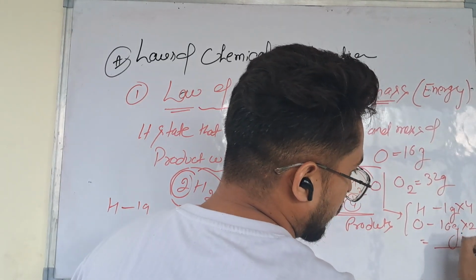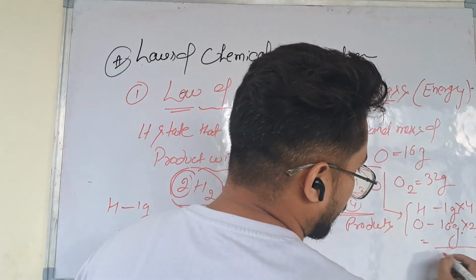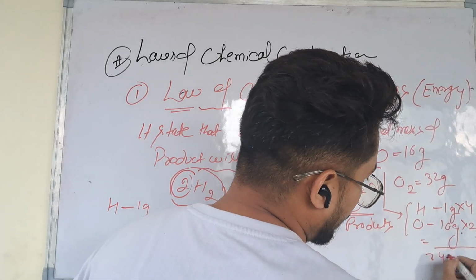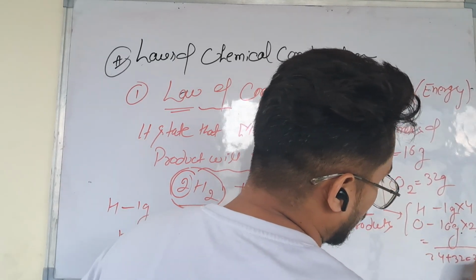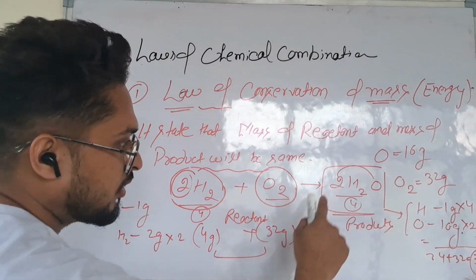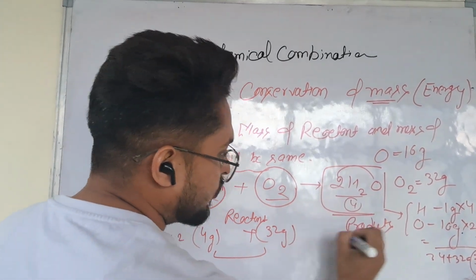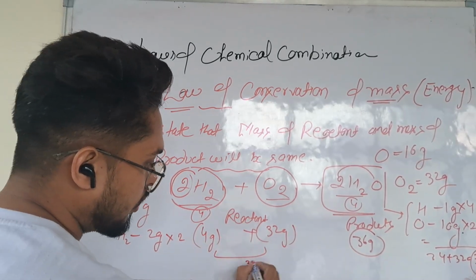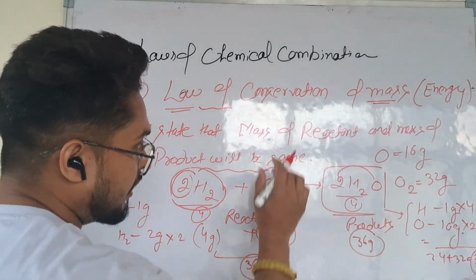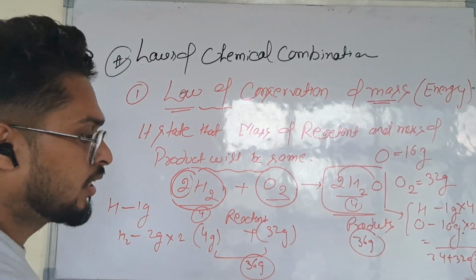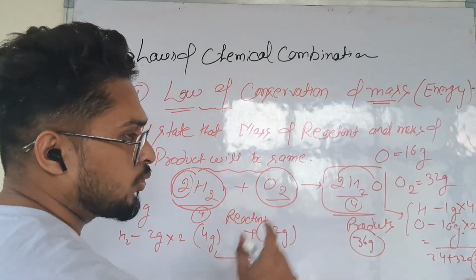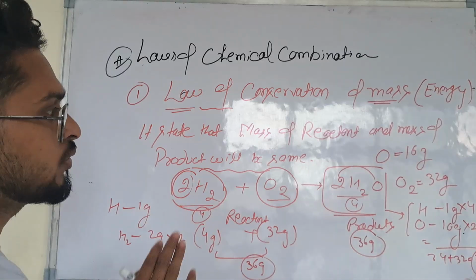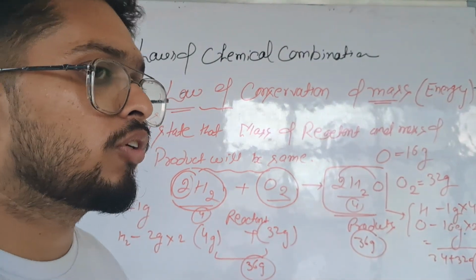What is the total mass? 4 plus 16 into 2, 32, that is equal to 36. The total mass of the product is 36 gram. Now we have to add the reactants. 32 plus 4, 36. So that is the law of conservation of mass. The mass of the reactant becomes equal to the mass of the product. The mass in the reaction is not created and not destroyed.